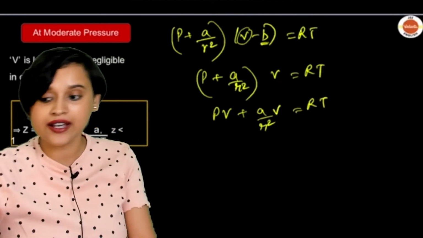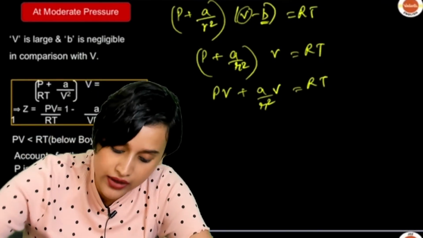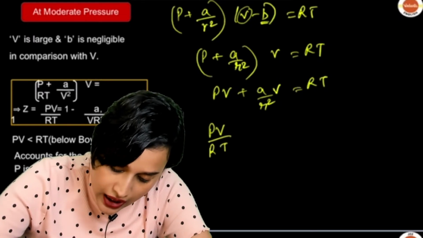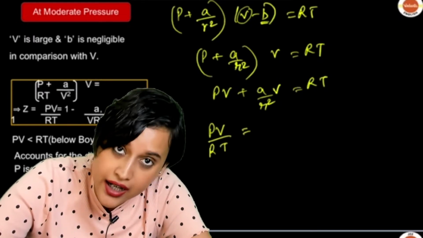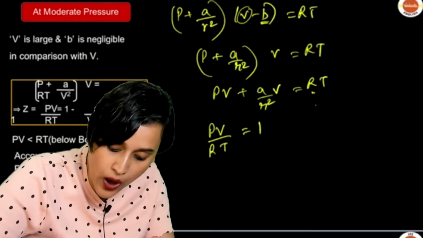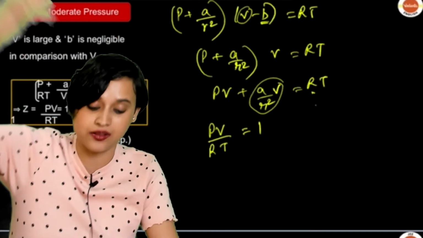Let's again divide everywhere. Let's divide the whole thing with RT. If I divide it by RT, then I will get PV by RT is equal to RT by RT, which will become 1. And then this term, if it goes that side, it will become minus.